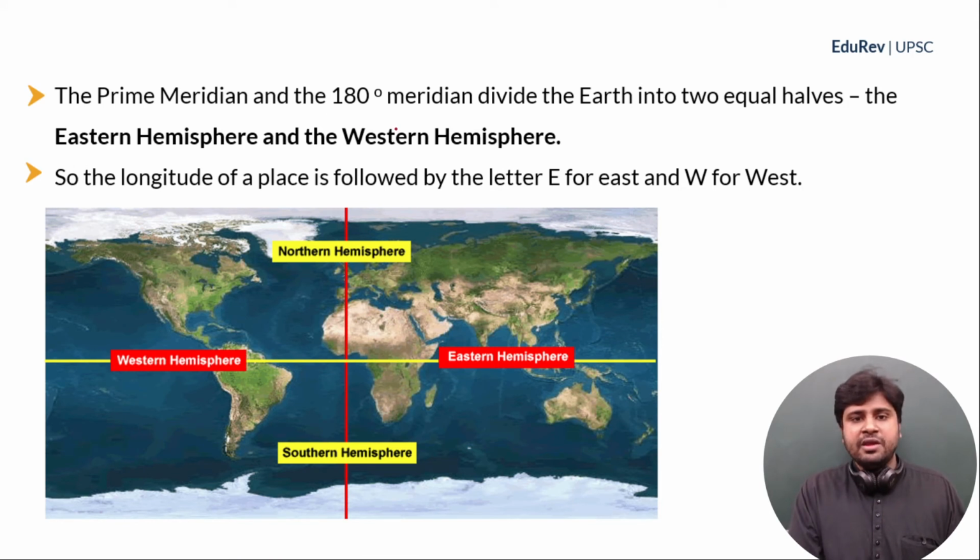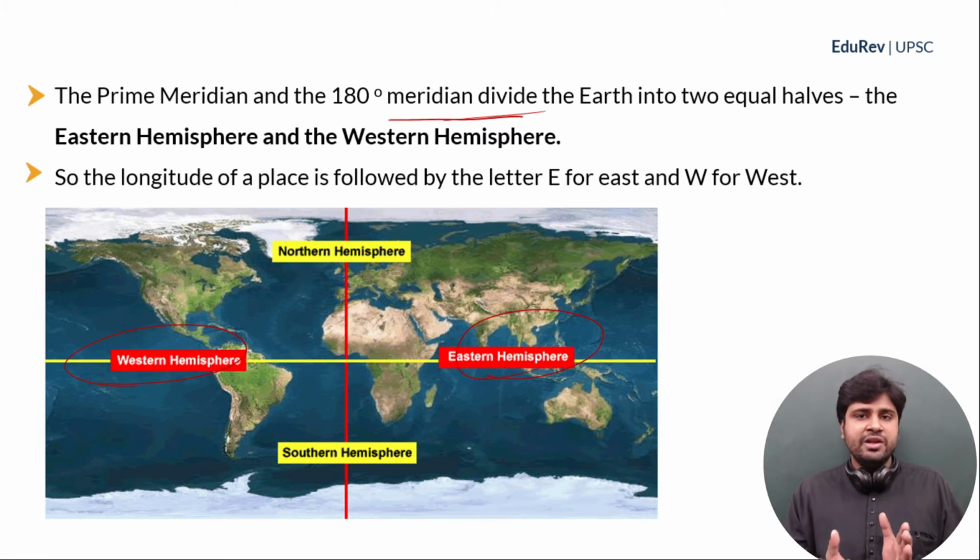Now the prime meridian and the 180 degree meridian divide the earth into two equal halves, the eastern hemisphere and the western hemisphere. So previously we have understood that you have the prime meridian, which is 0 degree, and exactly behind the prime meridian you have the 180 degree meridian.